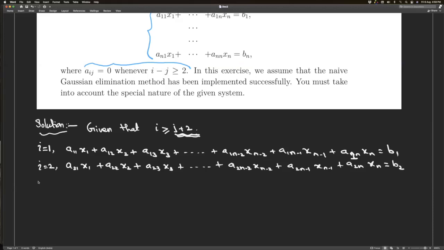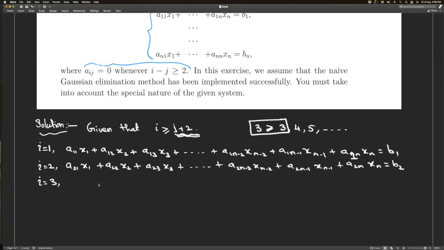Now come to the third equation, i is equal to 3. You can see that i is 3, and on the other hand, you have j is 1. So it starts from 3, 4, 5 and so on. So the first term alone satisfies the condition, and therefore we are given that the first term alone is surely 0.